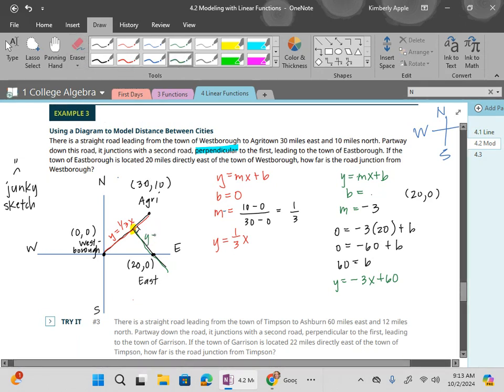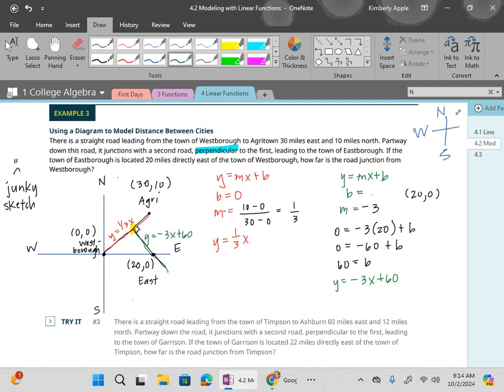So I have a model for each of these roads. And once you have 2 equations, you can solve for their point of intersection. How do we do that? We set them equal to each other.